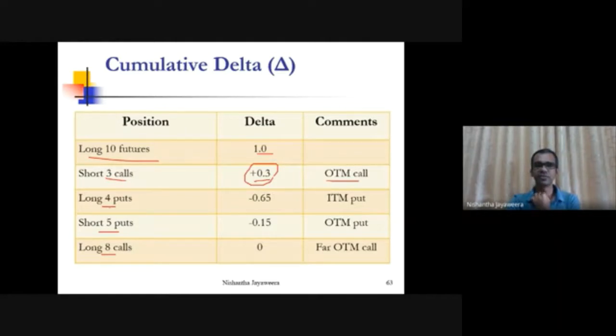There are 4 puts at -0.65, lower than -0.5, that means in the money. There are another 5 puts, delta is -0.15, higher than -0.5, so out of the money. Long 8 calls, delta is 0. What does it mean? Far out of the money calls. So these are the comments given.